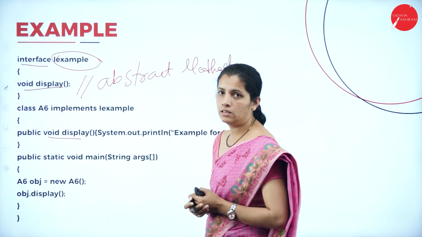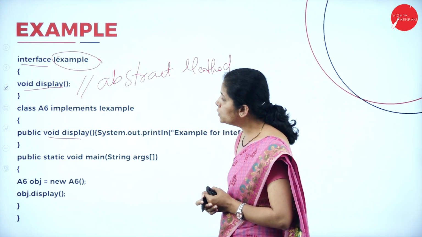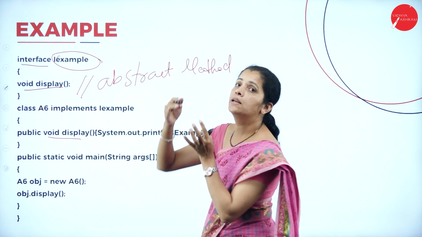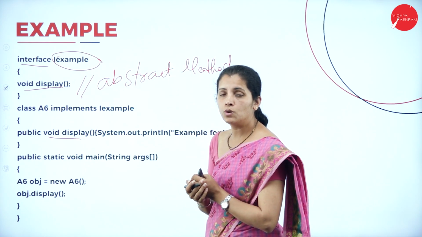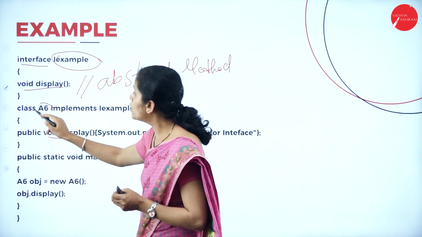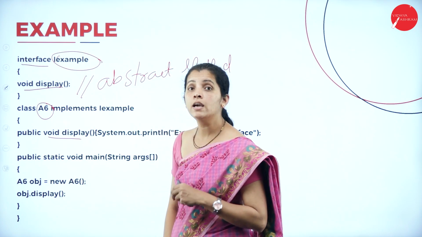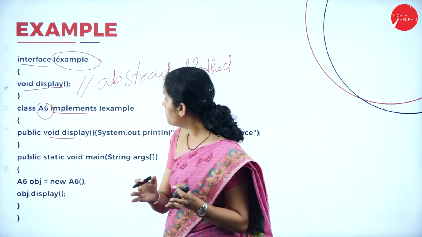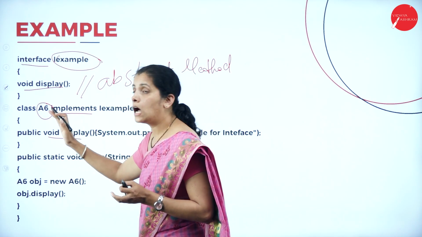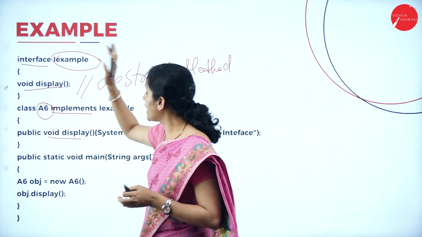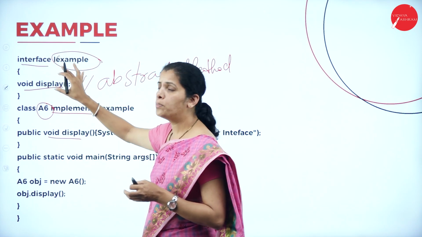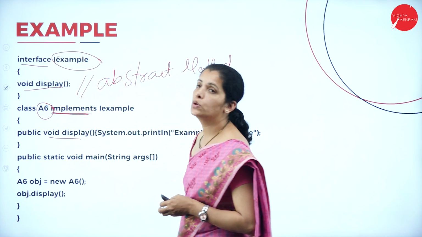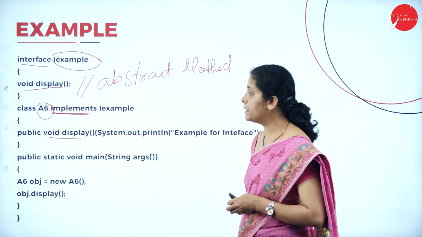Abstract method. Now I want to implement this interface in my class. So this class wants to acquire the properties of the interface. Suppose this class A6 wants to acquire all the properties of this interface, then I'm going to use the keyword implements.